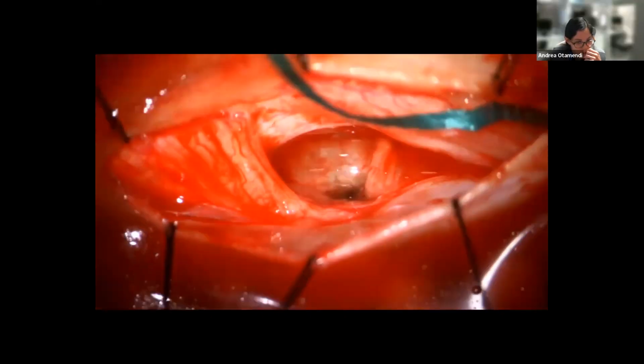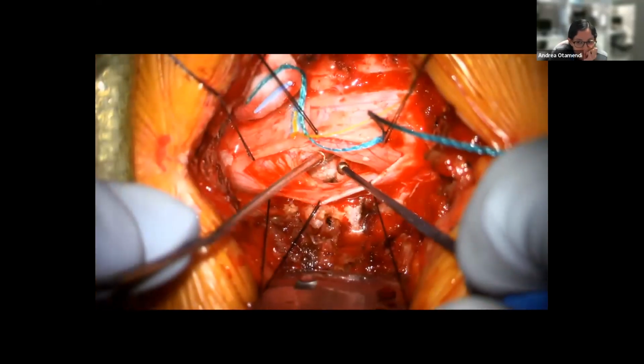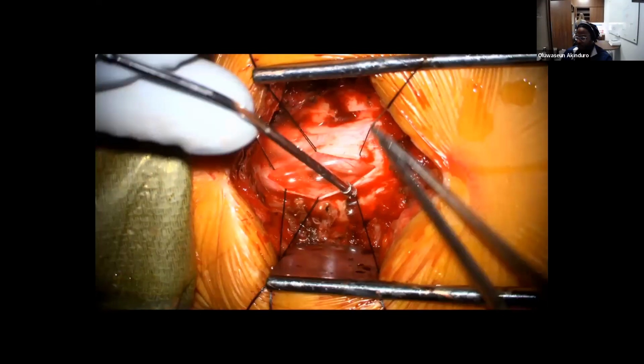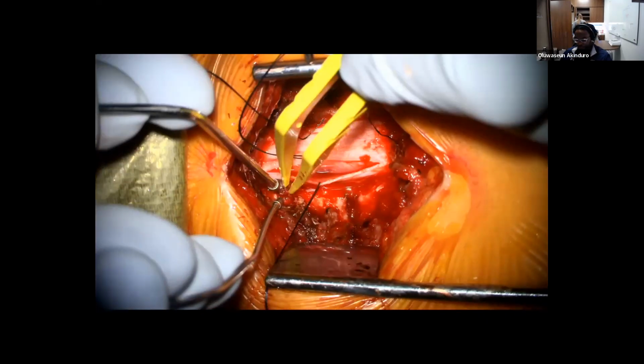Then it was removing one piece. And then here we're just stimulating all the nerves surrounding it just to make sure that everything else was functional.